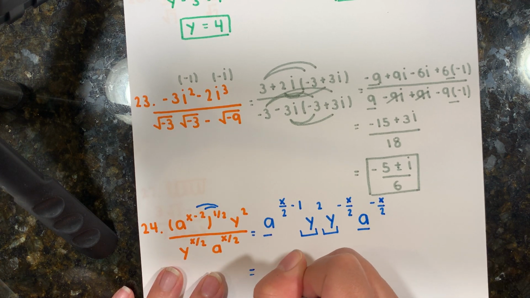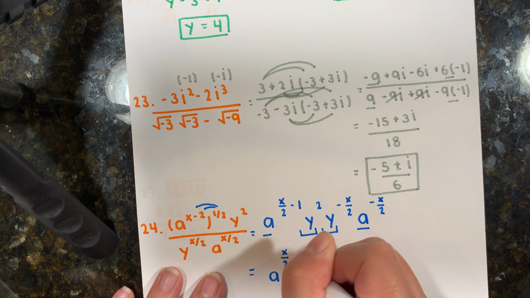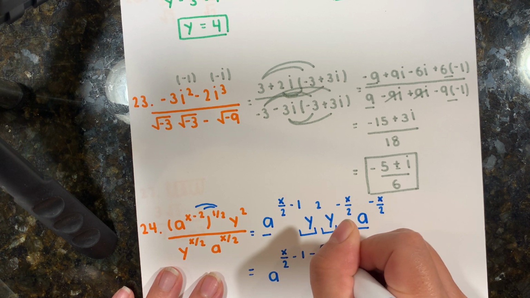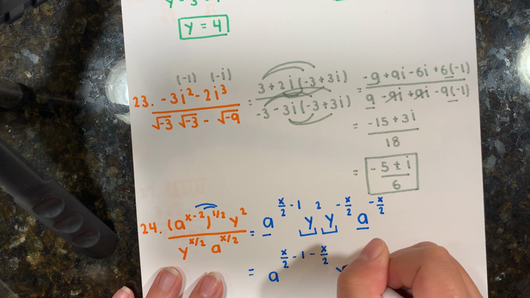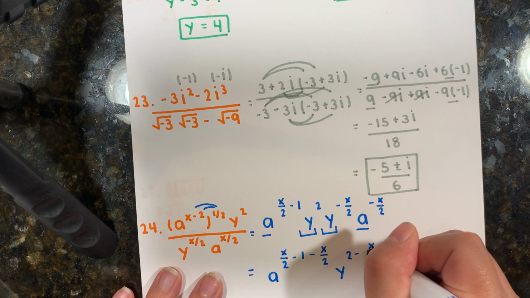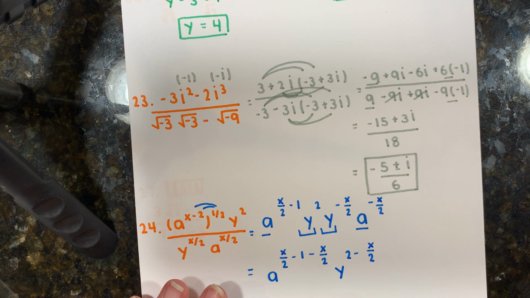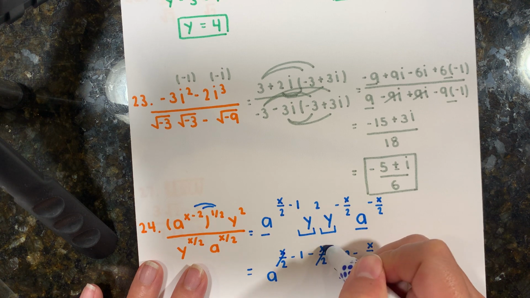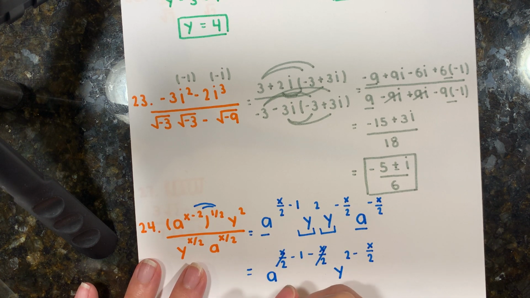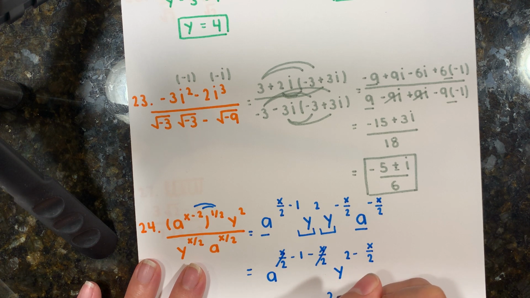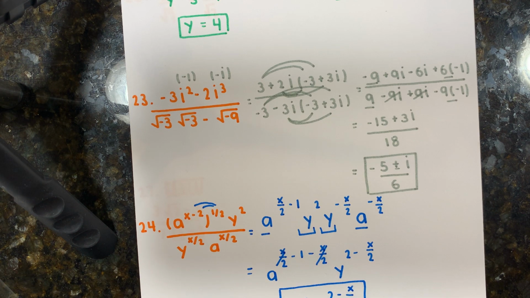So that would be a to the x over 2 minus 1 minus x over 2, and then y to the 2 minus x over 2. So what you should recognize on that problem is that the x over 2's are actually going to cancel, and you are just left with a to the negative 1 and then y to the 2 minus x over 2. And that whole thing right there would be your result for number 24.